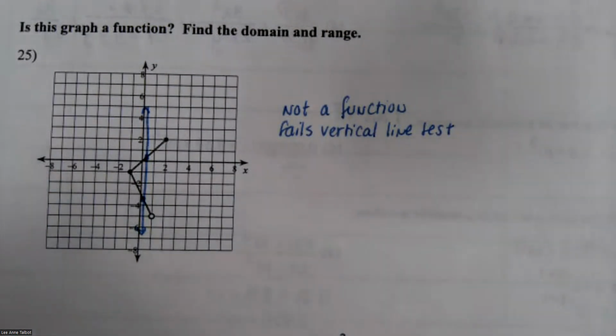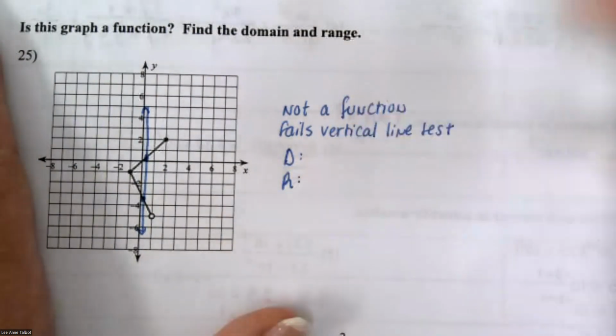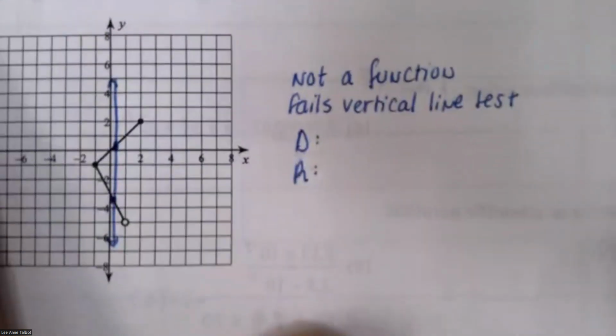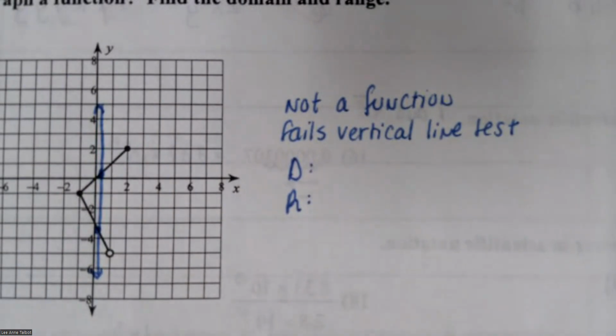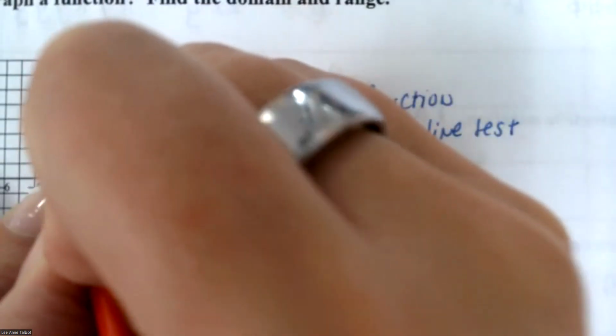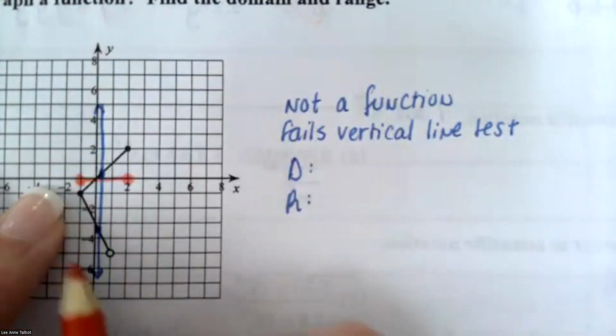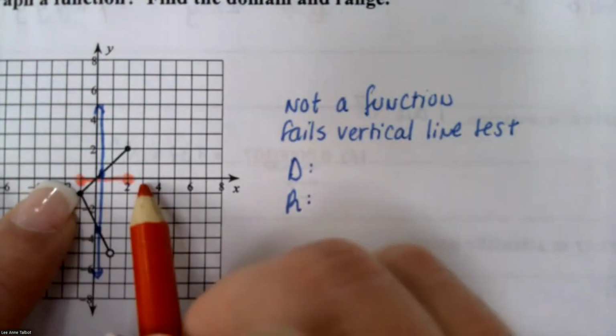Okay, now we're going to do domain and range. This one is not as bad, although it's kind of small. I'm going to zoom in. Okay, so the very left point of my graph is here. And the very right point of my graph is here. So this is the most left it goes.